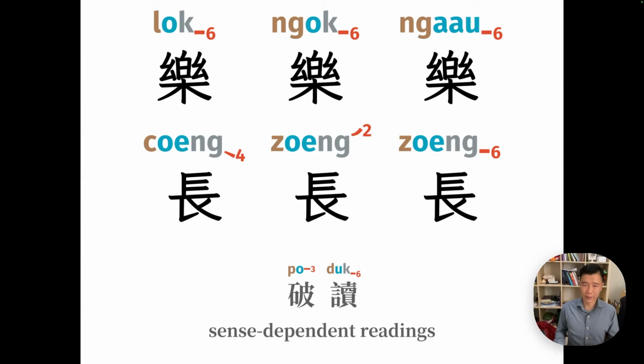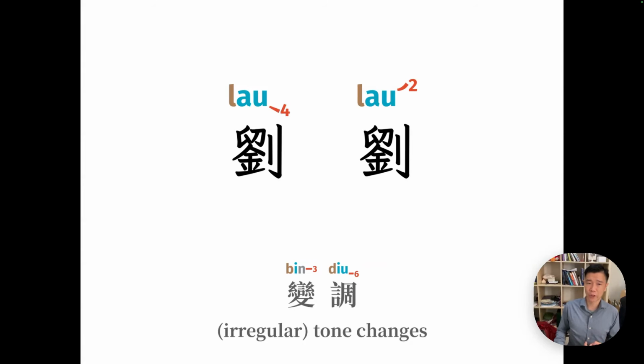We have a relatively smaller number of glyphs, and we use the same glyph for different senses. Cantonese has a full system, completely irregular, of tone changes. So this is the last name, Lao. When it is used in certain senses like Lao Xin Sang, Mr. Lao, it will be in the citation tone Lao.